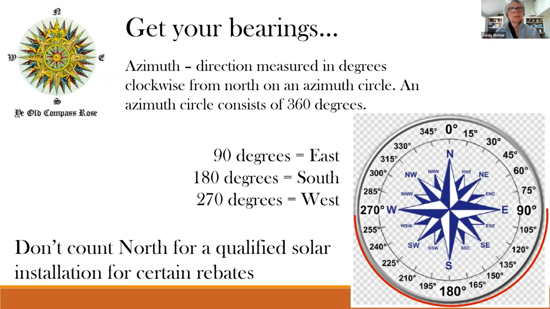So you can do east, southeast, south, southwest, or west. We cannot count a northerly installation of solar panels as being qualified to meet the criteria for an MLP rebate. We really need to have that southerly angle. And that's what we talk about when we talk about an azimuth reading.